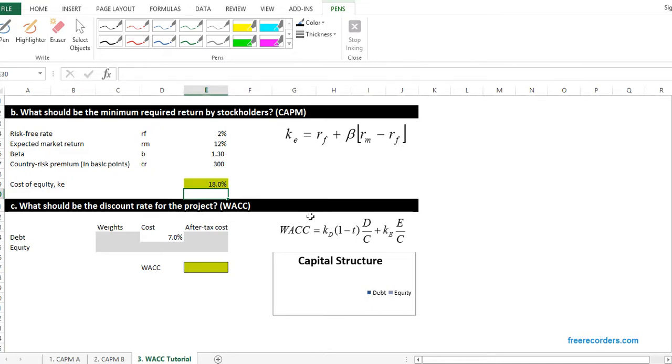Okay, why are we adding a country risk premium? This was not in the original capital asset pricing model. It's a practitioner's approach, but it is true that in many emerging countries, we need to demand a higher return.